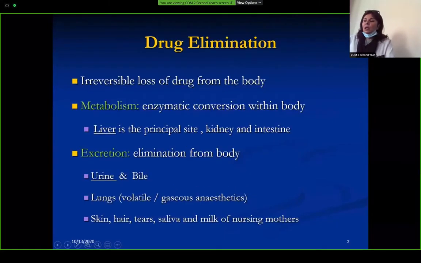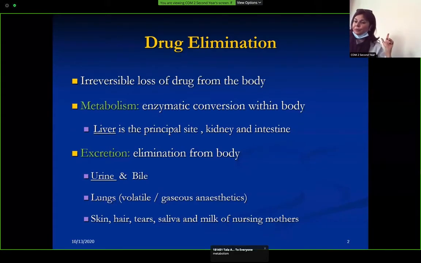So today we will talk about drug elimination. When we say drug elimination, it's not only excretion. Usually elimination covers two: the metabolism and the excretion. You want the drugs to be out from inside the body. You want the patient to be free of the medication.